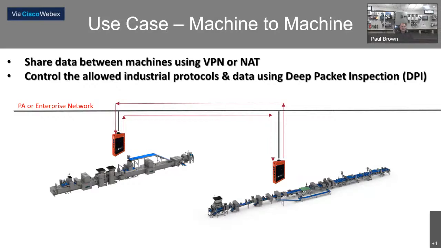This control can allow only industrial protocols to pass through, blocking all other types of packets. And this allows you to use the existing network infrastructure in your plant to communicate between two separate lines without having to have that connection done through your control network.